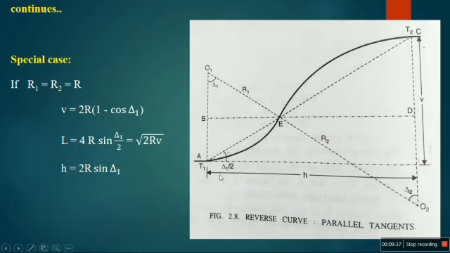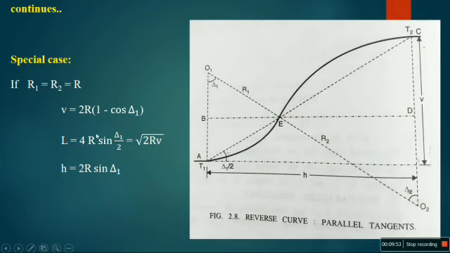The last step: suppose the radii of these two arcs are the same, that is R1 is equal to R2 is equal to R. In that condition, the formula for V changes: V is 2R into bracket of 1 minus cos delta 1. Similarly, L after simplification we get 4R sin delta 1 by 2.